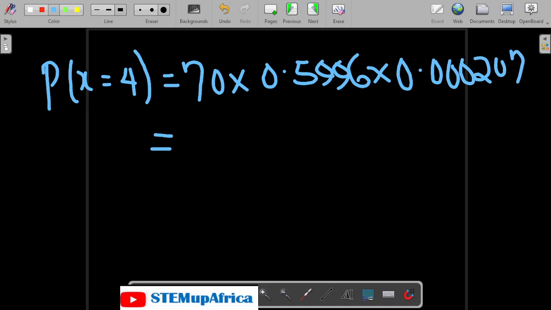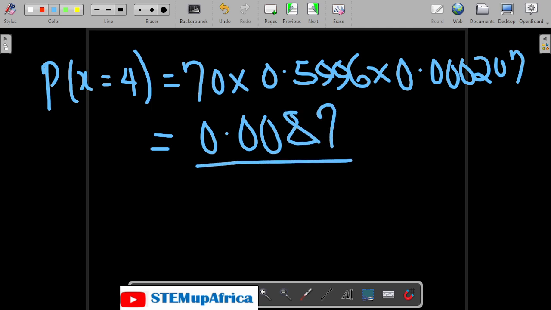So I multiply the 3 variables: 0.5996 times 70 times 0.000207 will give us 0.0087. So that is the solution to question 1.